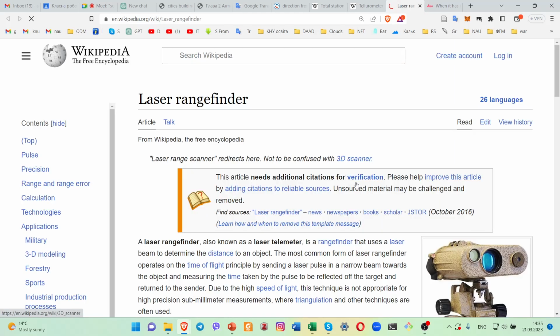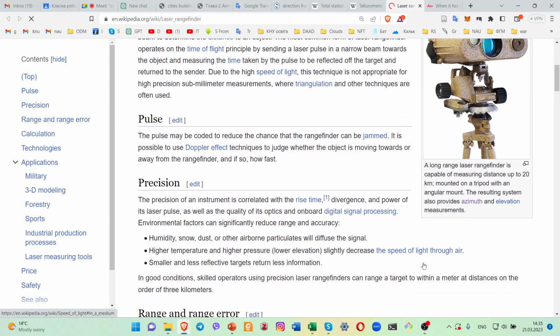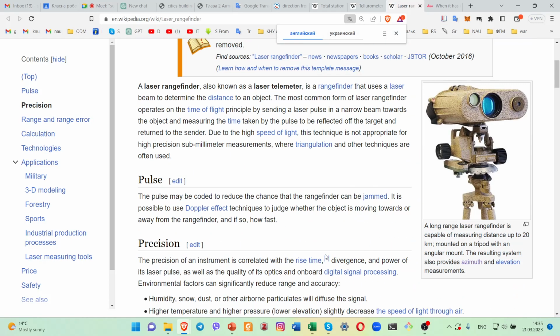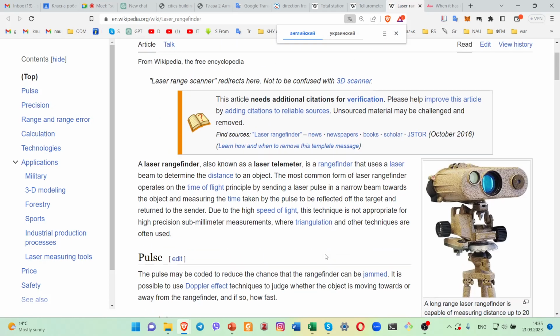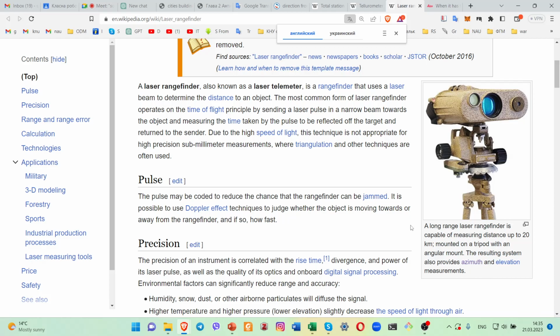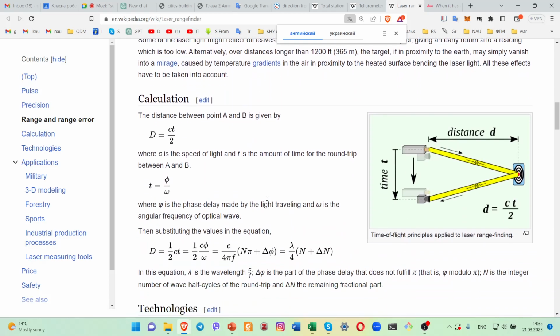However, most of all we use laser equipment, which uses a laser beam to determine the distance to an object. A long-range laser rangefinder is capable of measuring distance up to 20 kilometers.